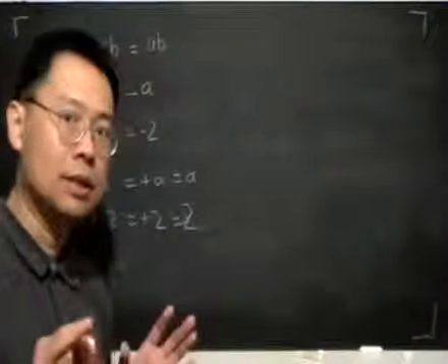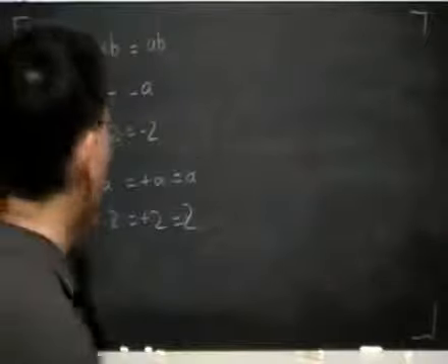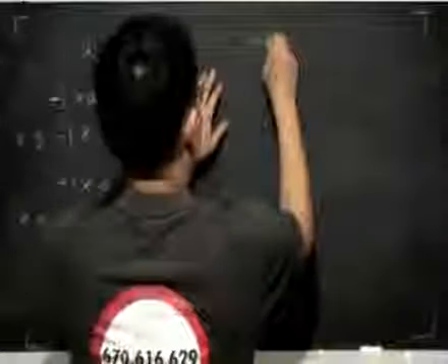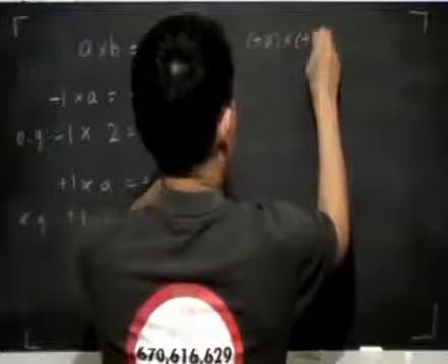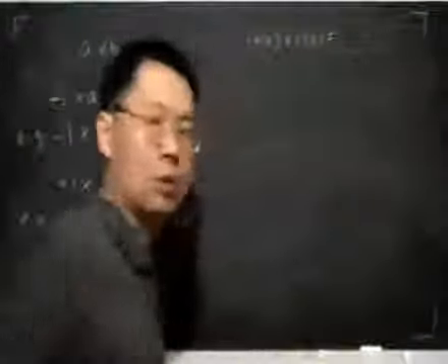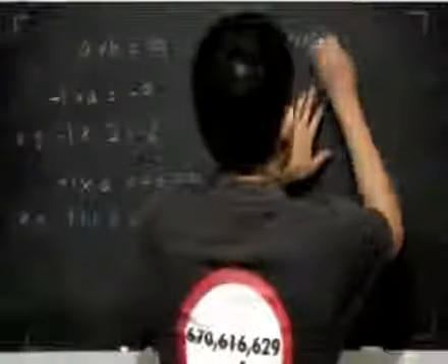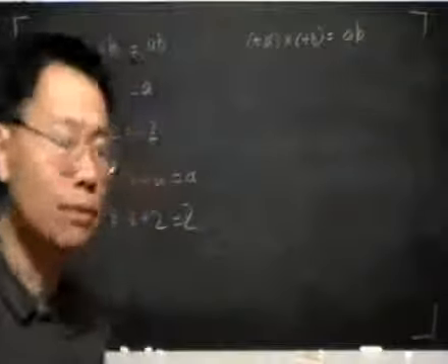Okay, now let's start multiplying two quantities that have signs. If you have, say, plus A times plus B, well, plus A is just A and plus B is just B, so this is just A times B, which is AB.